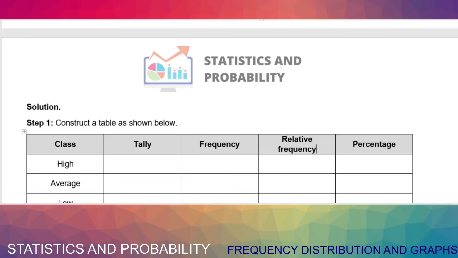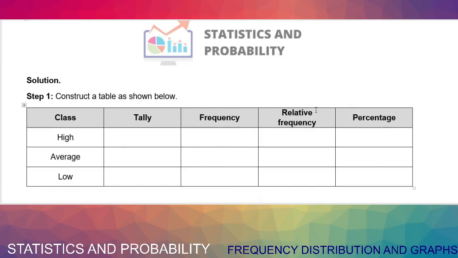That is all we can apply here, since our data is nominal or categorical. The first thing we do is tally once we have put in our classes. We can arrange them from highest to lowest if it is about ranking, or lowest to highest, or vice versa.